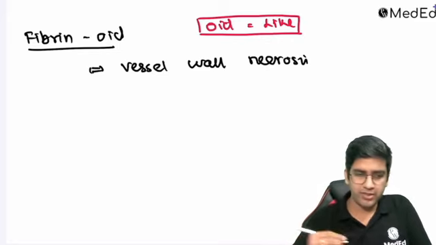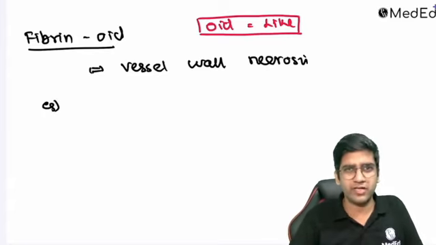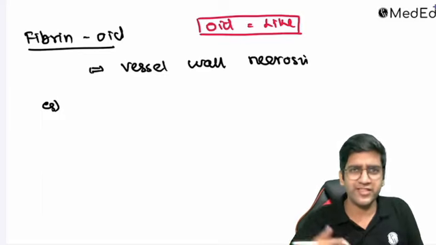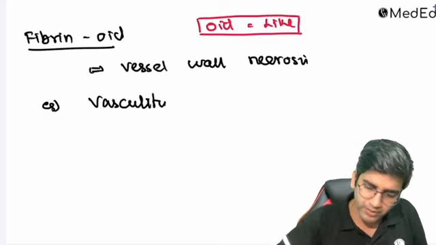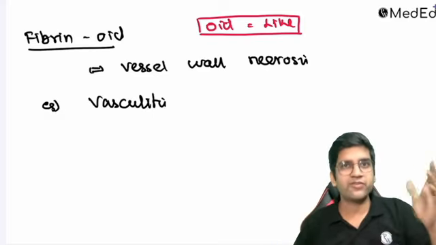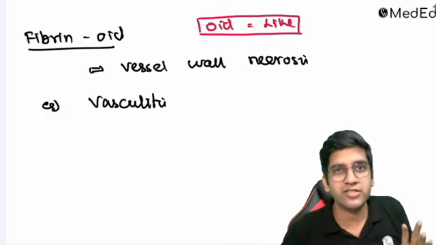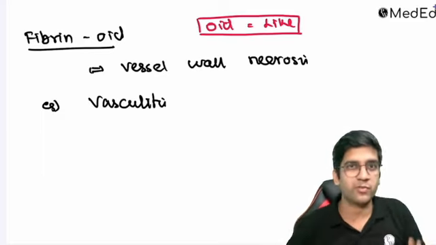Anything which comes to your mind. I'm sure you must have randomly read a few diseases in your clinical anatomy, physiology, and biochemistry. Any disease which comes to your mind which will damage vessels. Can I say vasculitis? That's the simplest one, right? Every vasculitis will have fibrinoid necrosis. Be it giant cell vasculitis or microscopic polyangiitis, any vasculitis will have fibrinoid necrosis.